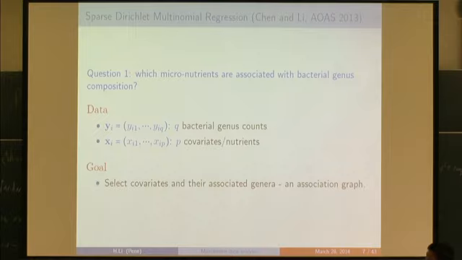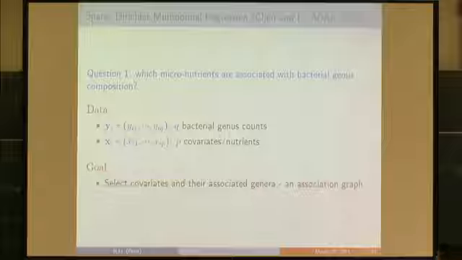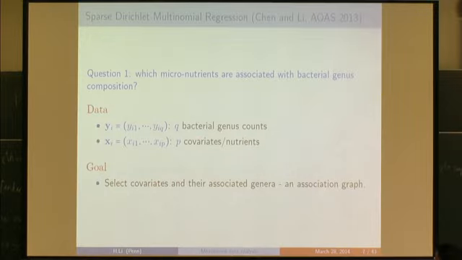In our case, P is pretty big. It's hundreds, roughly 119 different micronutrients. No, this is roughly 119. This is like 200 micronutrients. We try to understand how those micronutrients are related to the composition of the bacteria genera. So that's the goal.